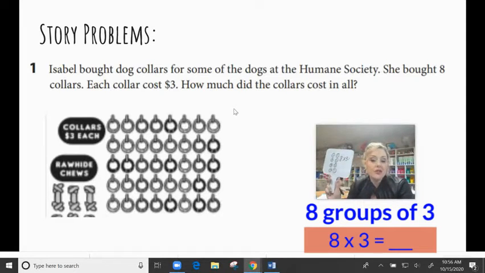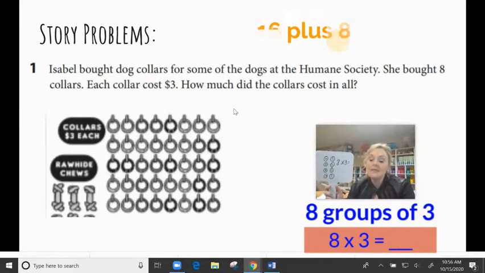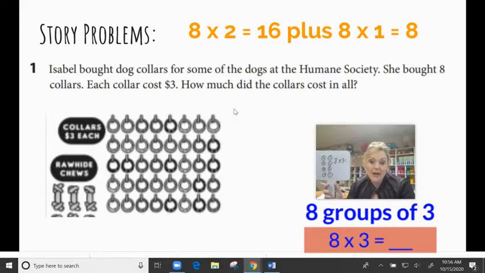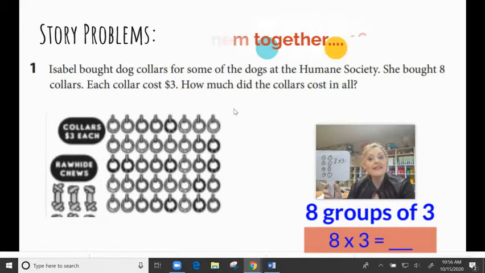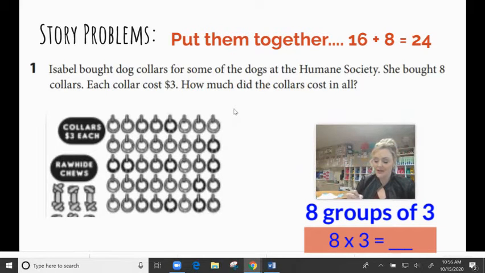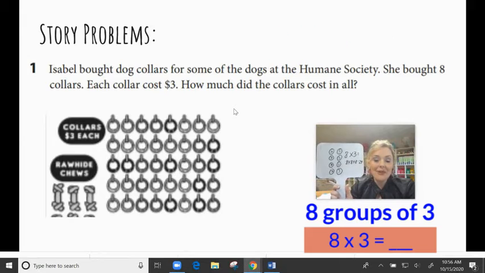And you could use distributive property and break that 3 into a 2 and a 1. 8 times 2 is 16, and 8 times 1 is 8. Put them together and you get 24. All right. And some of you may just know how to add 8 plus 8 plus 8 and get 24. All right. So pause the video, write this example down, and then we'll go to the next problem.